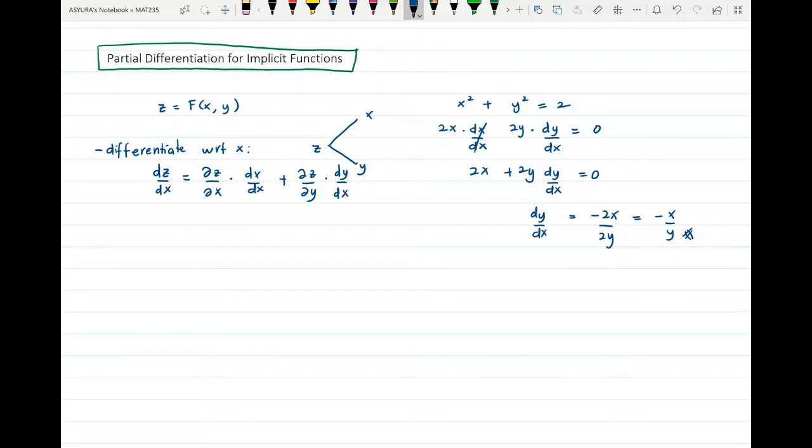This is the chain rule that you get when you differentiate with respect to x. When you simplify dx/dx, you have dz/dx equals partial dz/dx plus partial dz/dy times dy/dx.